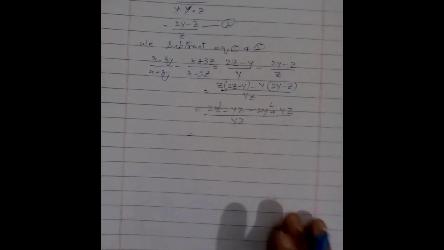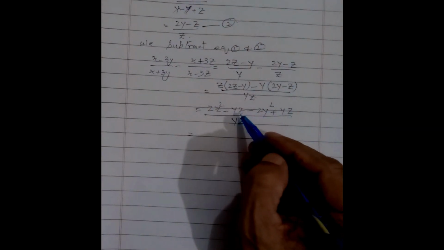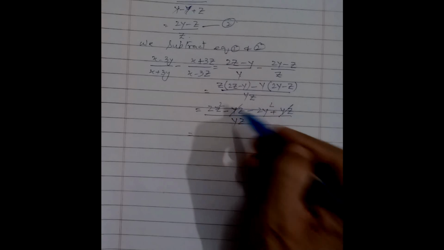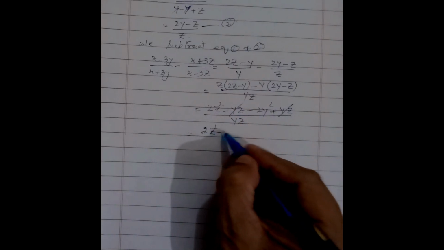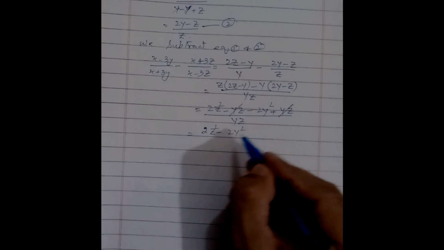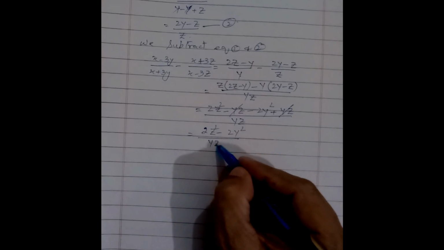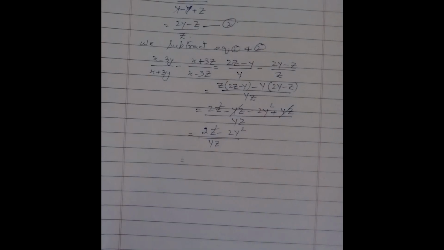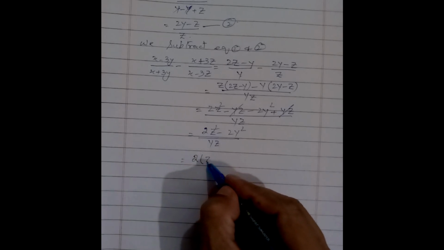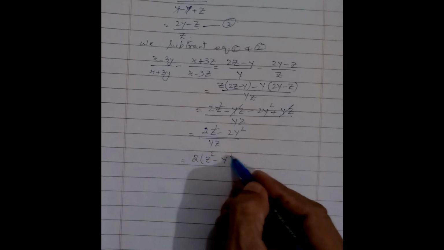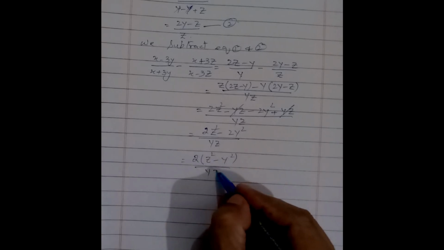Minus yz cancels with plus yz and the remaining values are 2z square minus 2y square over yz. In this fraction the numerator has 2 common, so we get 2 times z square minus y square over yz.